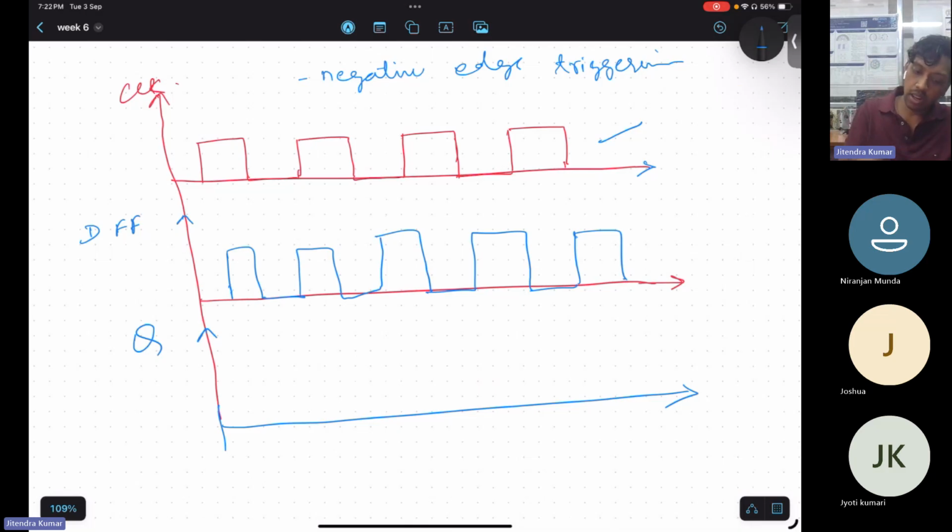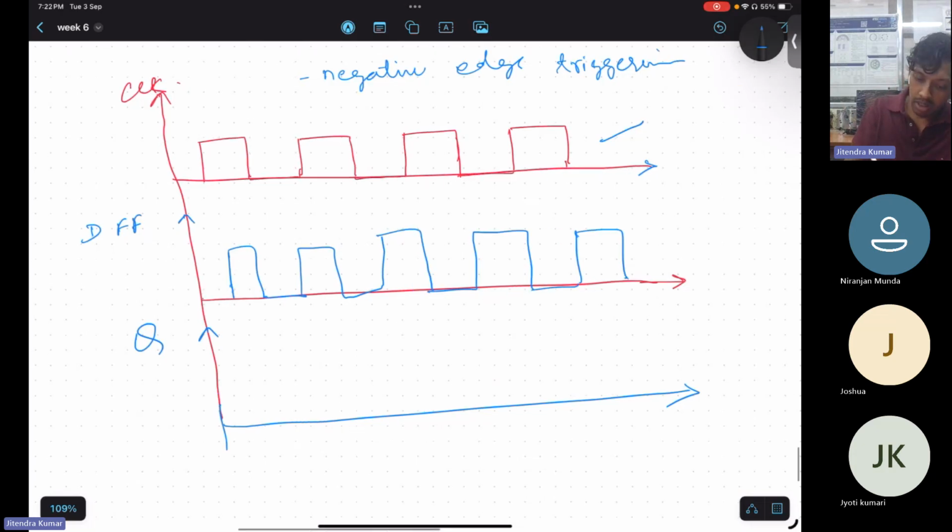So first thing is that we have to identify where the negative edge is getting triggered. So at all of these points, the negative edge is triggered, right? When the clock is going from 1 to 0, okay? Which means your output will change only at the instance of the negative edge triggered.